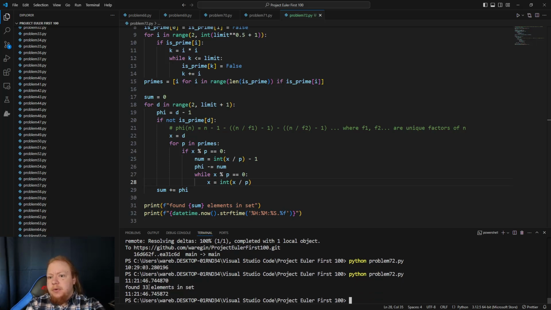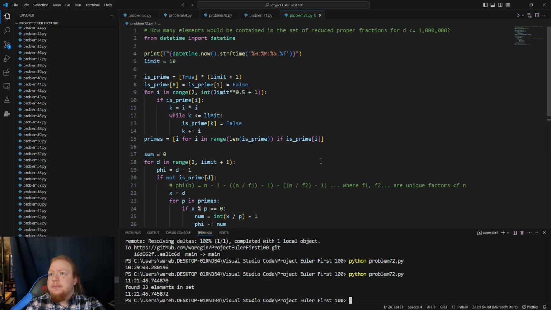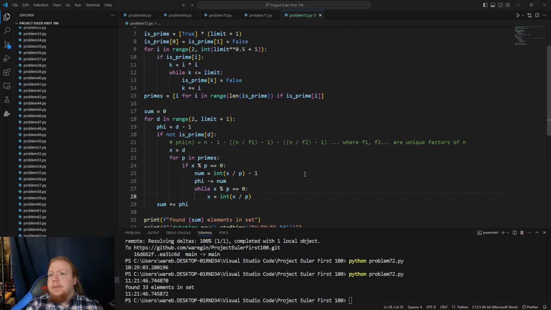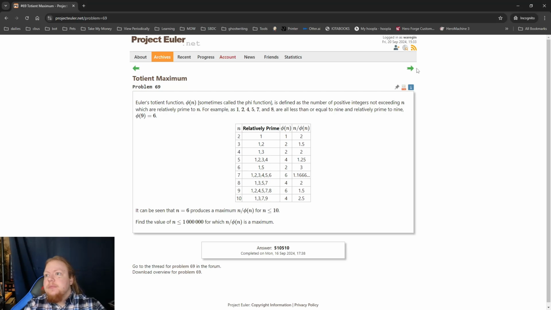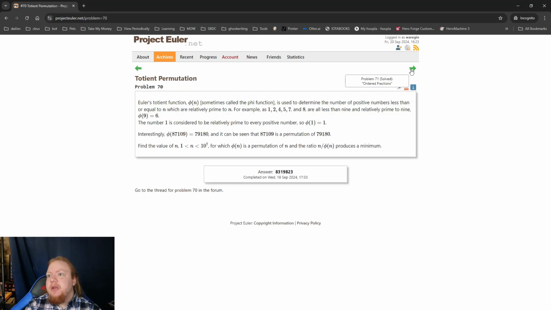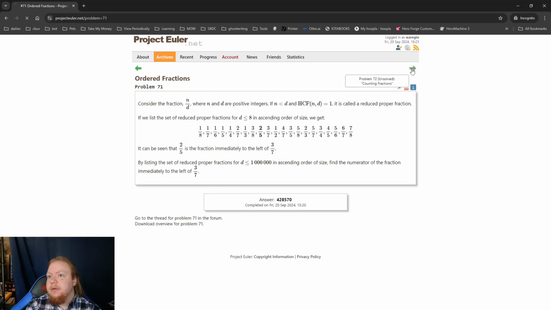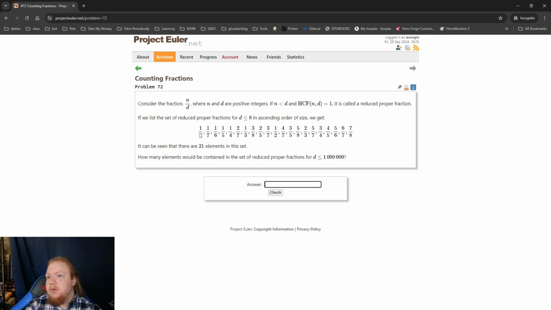Okay, so 33 elements in set. I said that we were looking for 31. Go back to problem 72, is what we're working on.